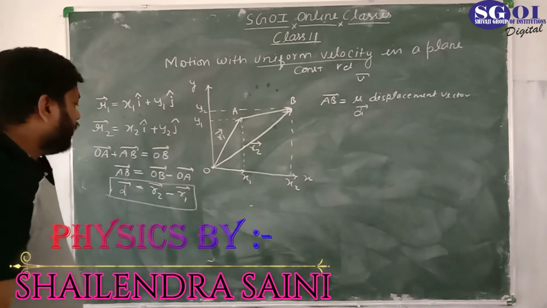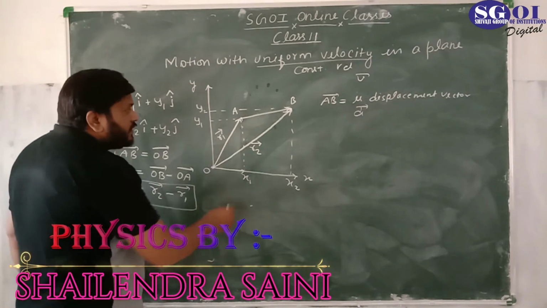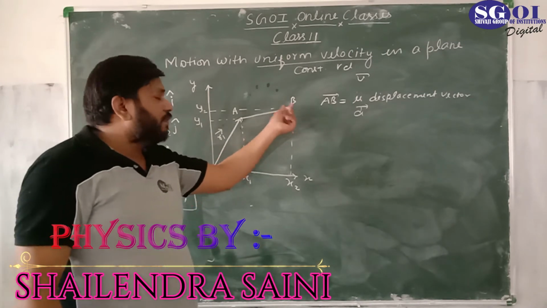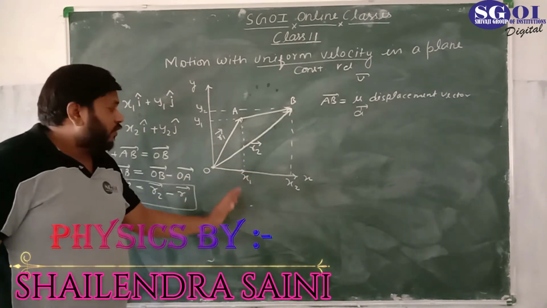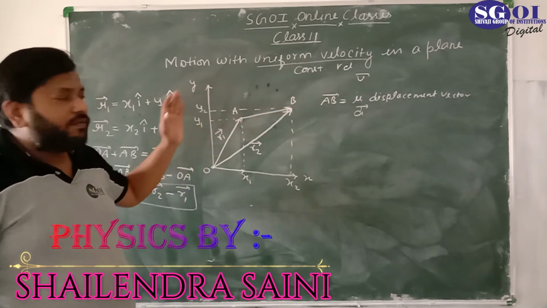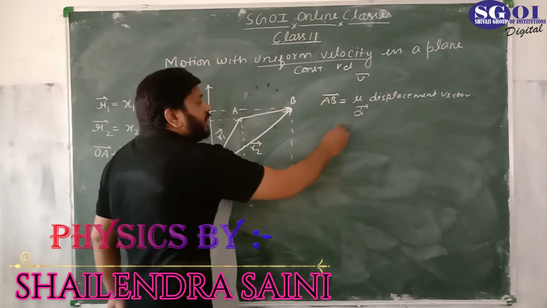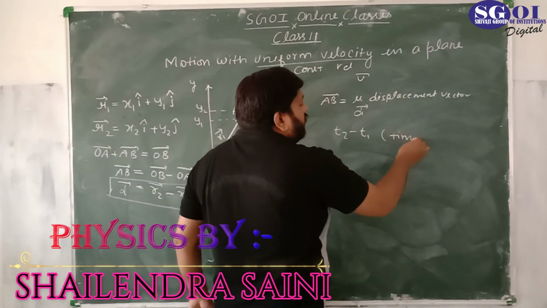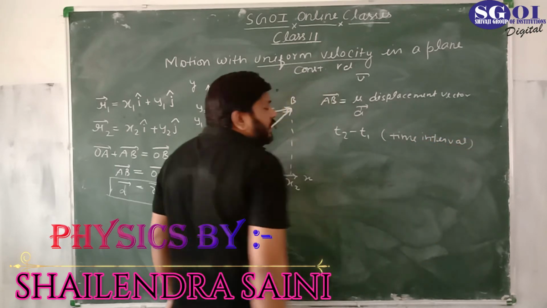We know that velocity is displacement upon time. Let's say when the object is at A the time was t1, and when it is at B the time was t2. So the time interval when it goes from position A to position B is t2 minus t1.